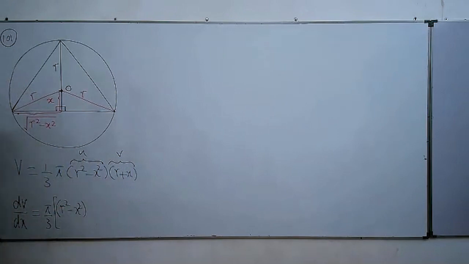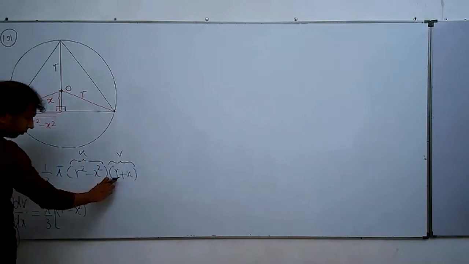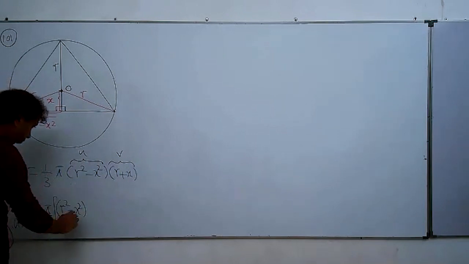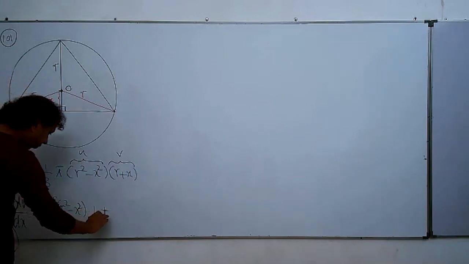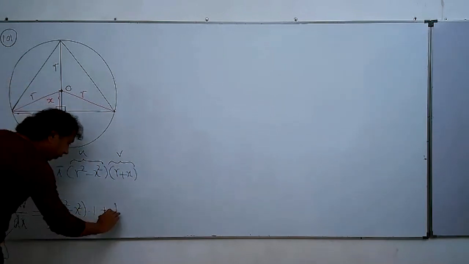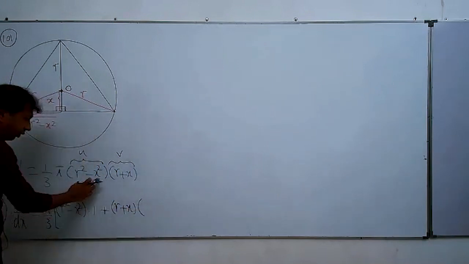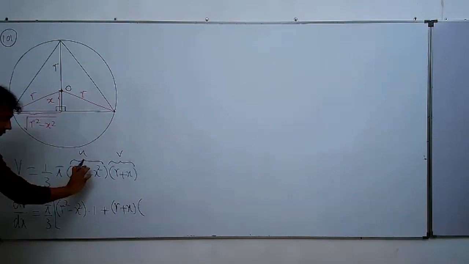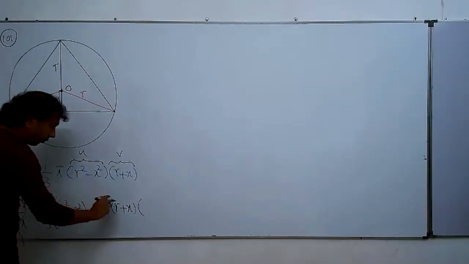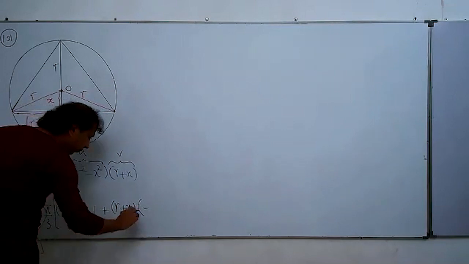Derivative of v: r is a constant, 0. Derivative of x with respect to x is 1, people. Plus, keep this r plus x, v, the same, multiplied by the derivative of this u. R squared is a constant, 0, minus derivative of x squared is, people, 2x.